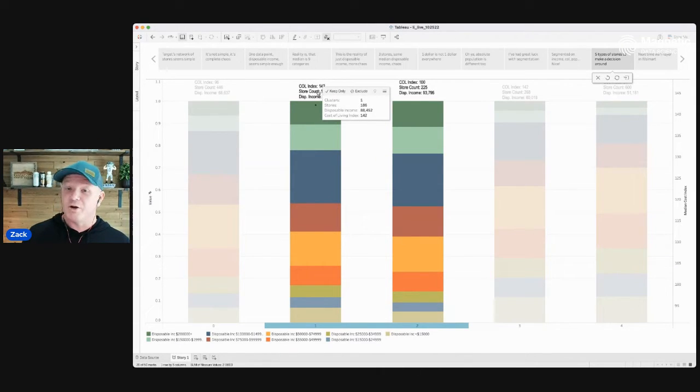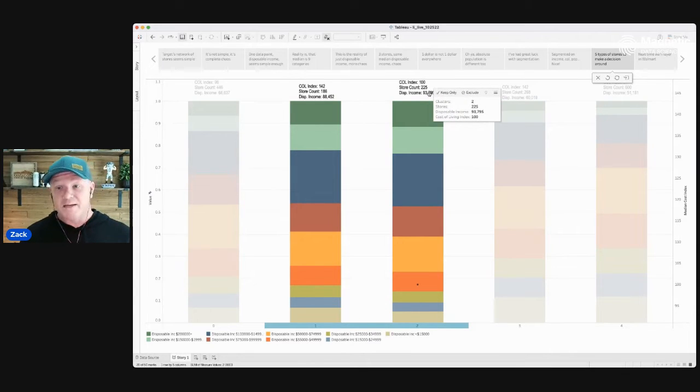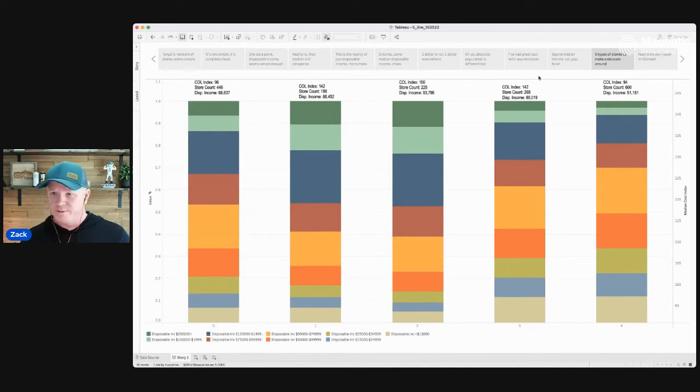Group 1 is 142 on the cost of living index, very high cost of living. Group 2 is 100. They're right at the average. The median disposable income for Group 2 is 93,000. It's 88,000 for Group 1. They're different, right? If I'm planning something, I would probably treat these 2 categories differently. So let's look and see where these are, Group 1 and 2.